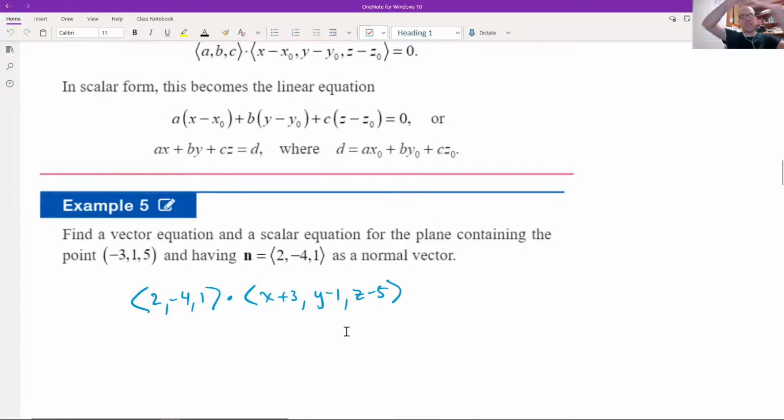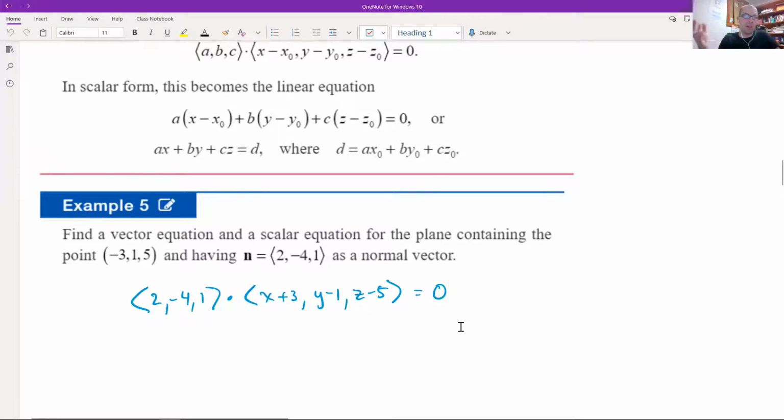We've done a translation such that -3, 1, 5 behaves like the origin. So if I put -3, 1, and 5 in, I'd have the vector 0, 0, 0. And then this is equal to 0 because we want those things to be perpendicular.